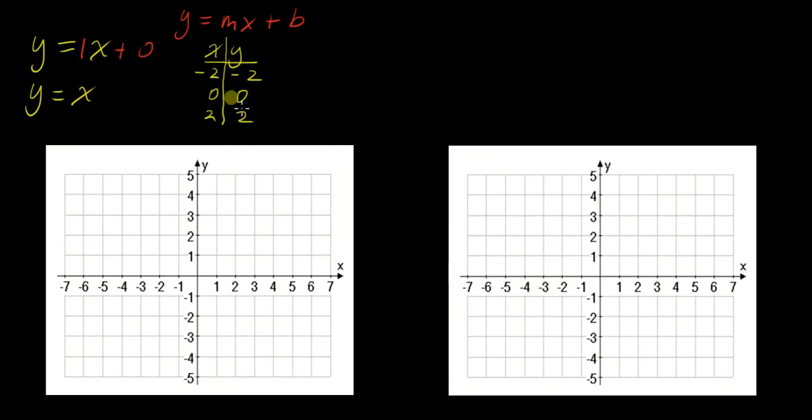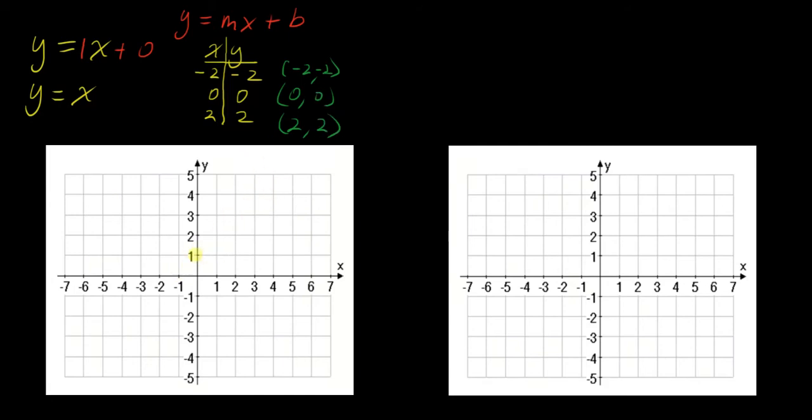Okay, well, let's graph these points. I'm assuming you already know how to graph points. If not, there's tons of videos on it. By the way, think of these as ordered pairs, because that's exactly what they are. You can read them right off the t-table as an ordered pair.